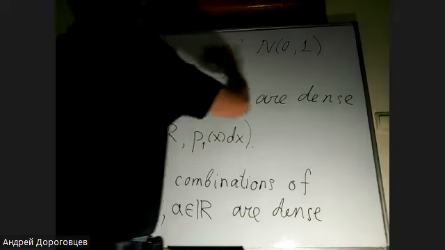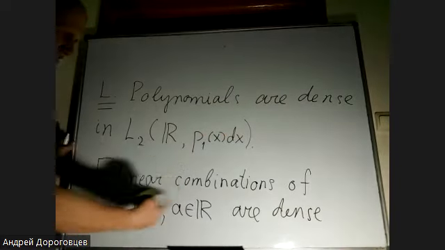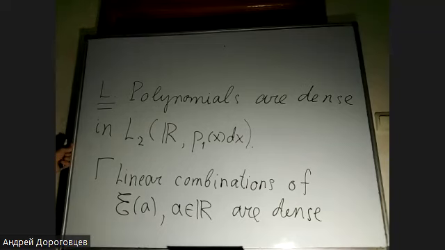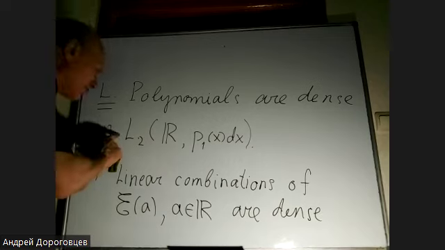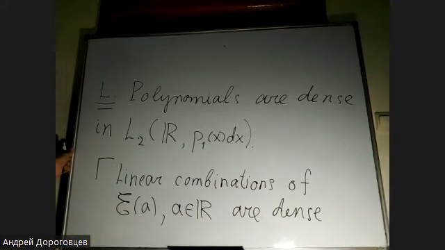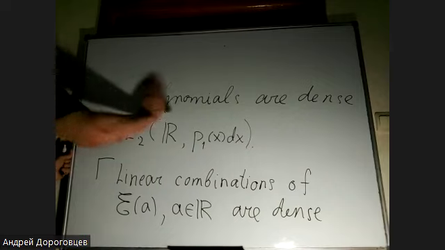In the opposite case, if our linear combinations of stochastic exponents are not dense in this space, one can find a non-trivial function f from here, which is orthogonal to all these stochastic exponents. Let us write this.